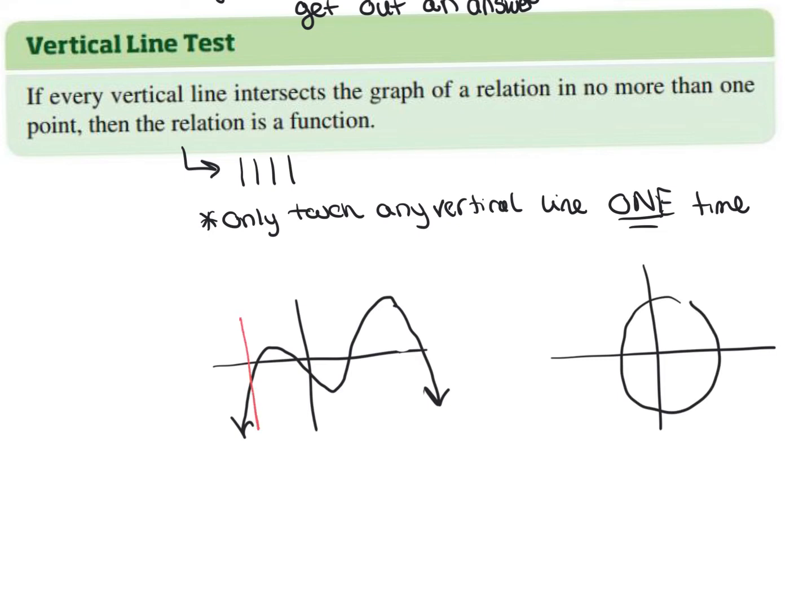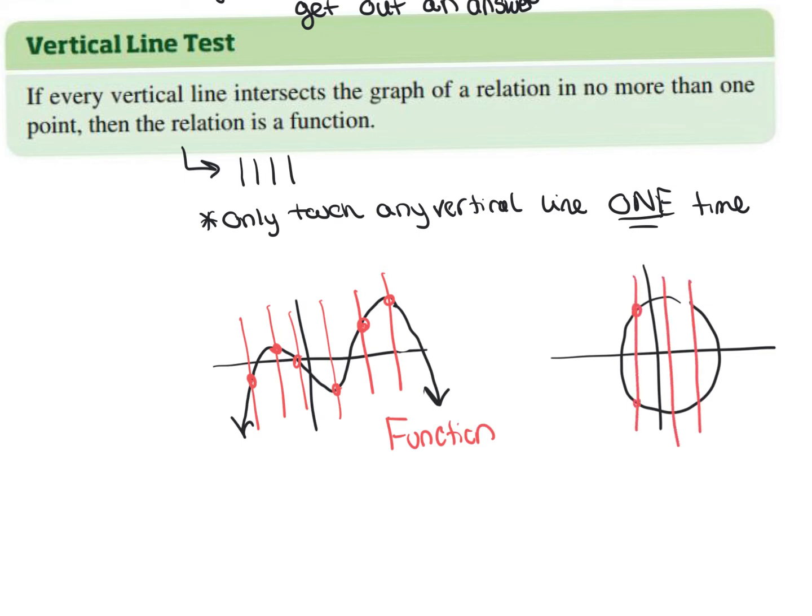On the first one, when I draw vertical lines, each one of the lines only touches the graph one time. So this would be a function. But on my circle, or my oval, because I can't draw, the vertical lines touch more than once. So that is not a function.